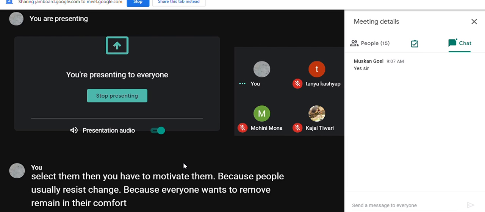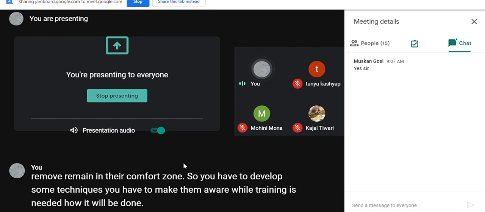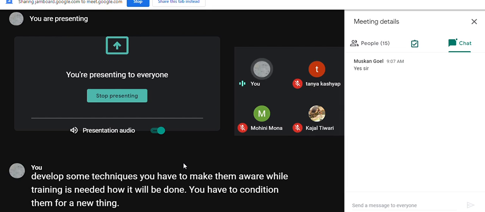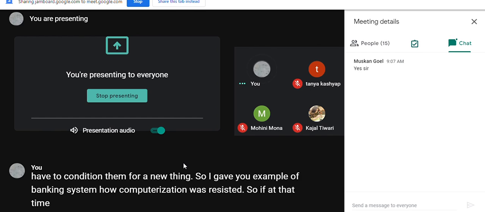So you have to develop some techniques, make them aware why training is needed and how it will be done. You have to condition them for a new thing. I gave you the example of the banking system, how computerization was resisted. If at that time the target group was sufficiently motivated, then that situation could have been avoided.